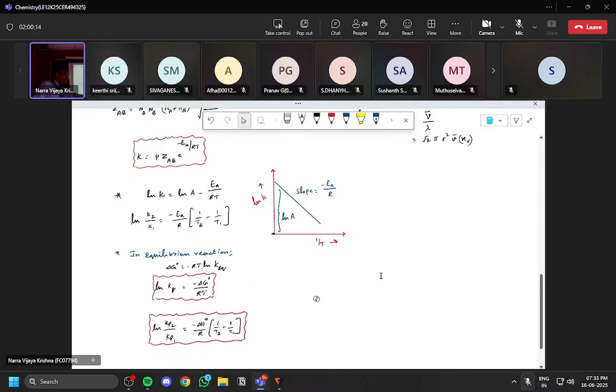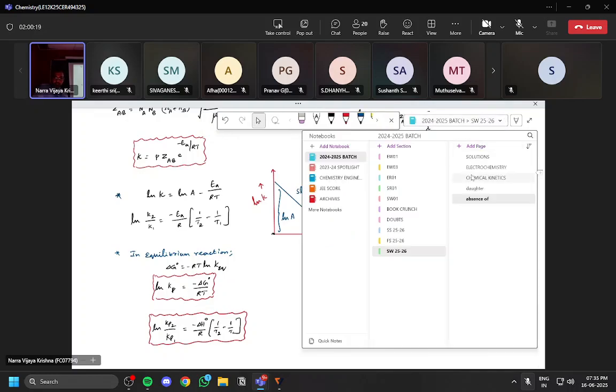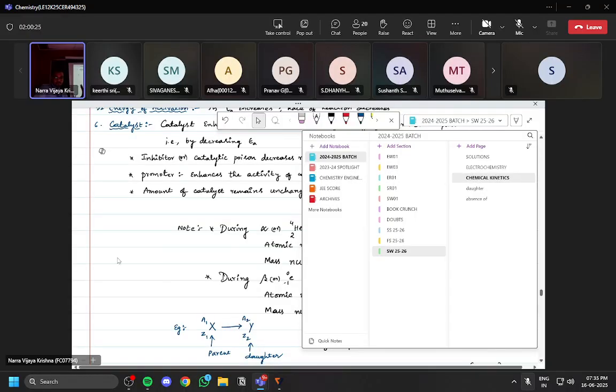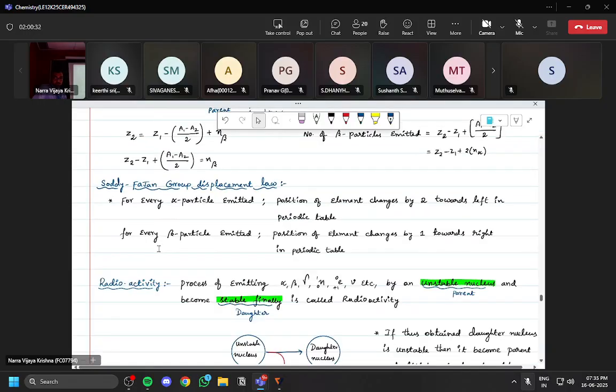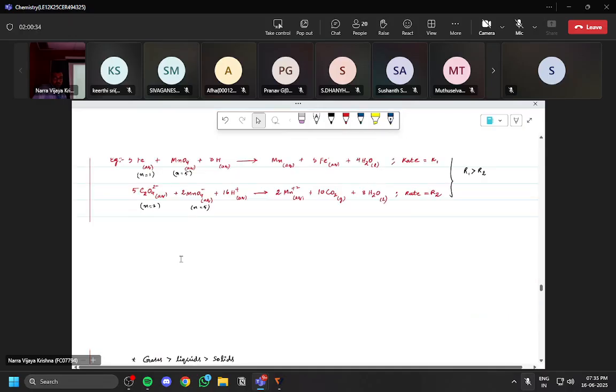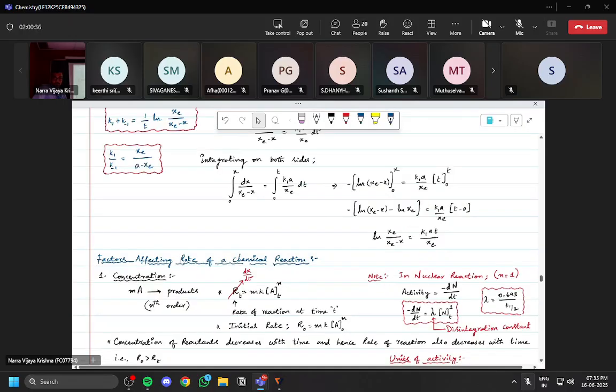Right? So we are done with collision theory also. Same thing we have written in the notes, with some wordings. Just I will show that and I will leave it. Collision theory I have not taken out.